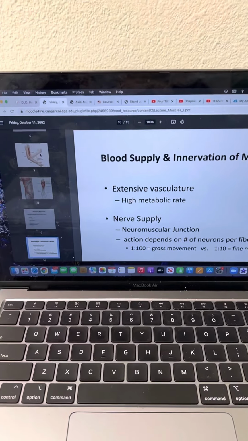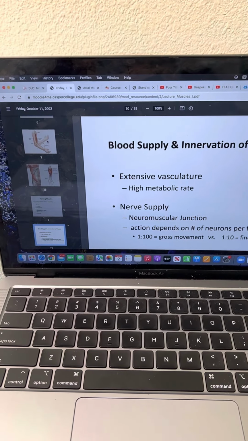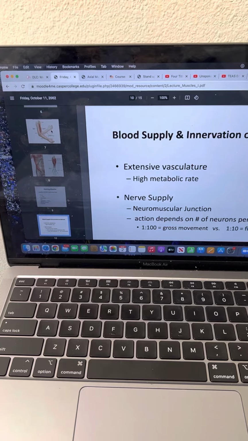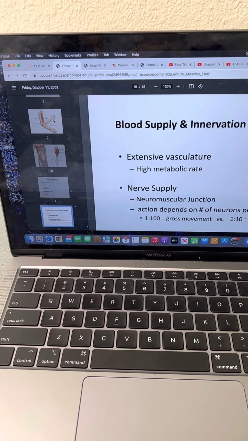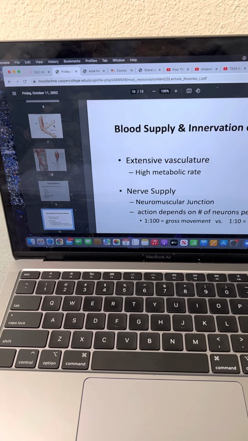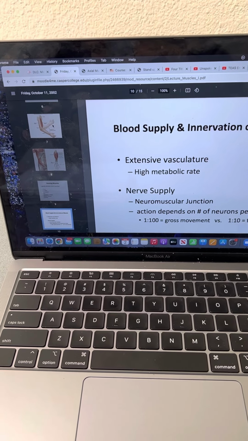Blood supply and innervation of muscles: extensive vasculature, high metabolic rate. Nerve supply, neuromuscular junction.